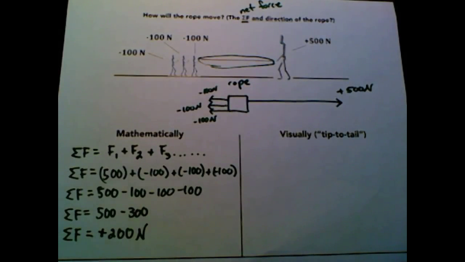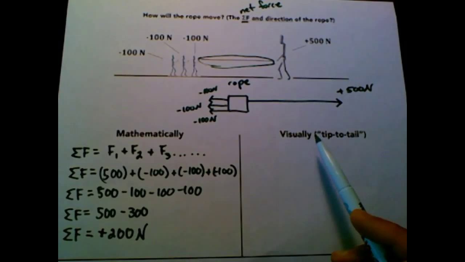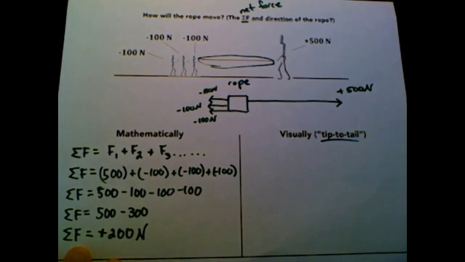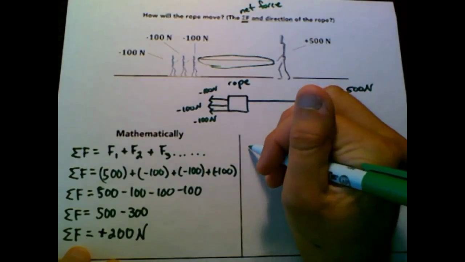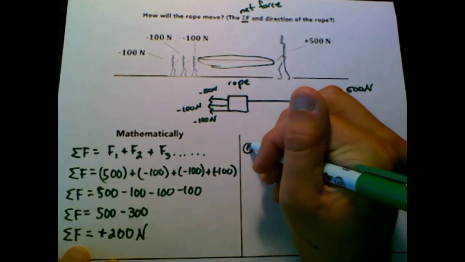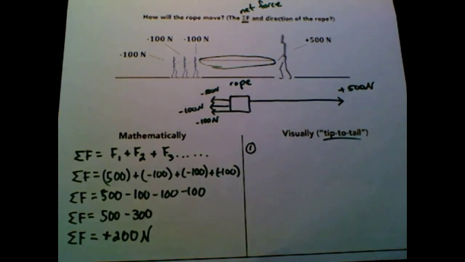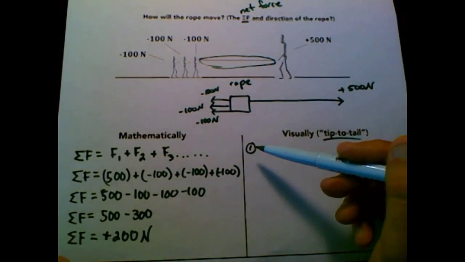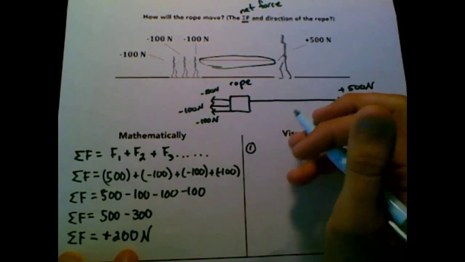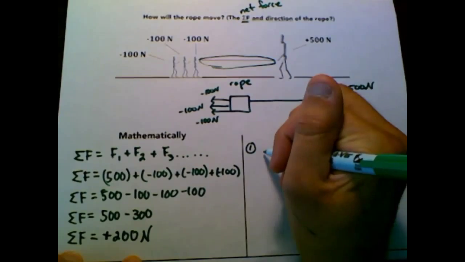All right, let's solve this visually now. This is going to be called the tip to tail method. I'm going to go through this in steps. When you solve these on the board with me, we'll do it all in one step, but for the purpose of your notes, I'm going to draw multiple steps. So we want to have a starting point.